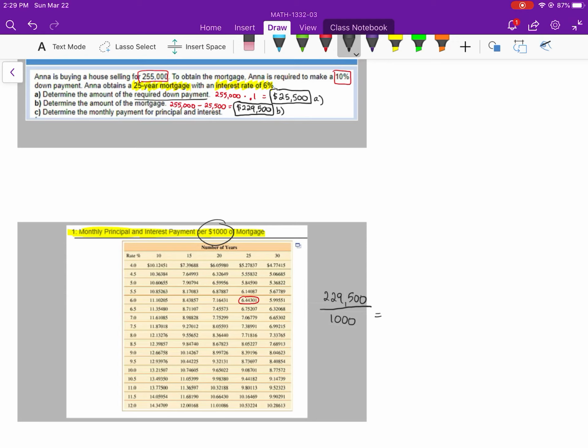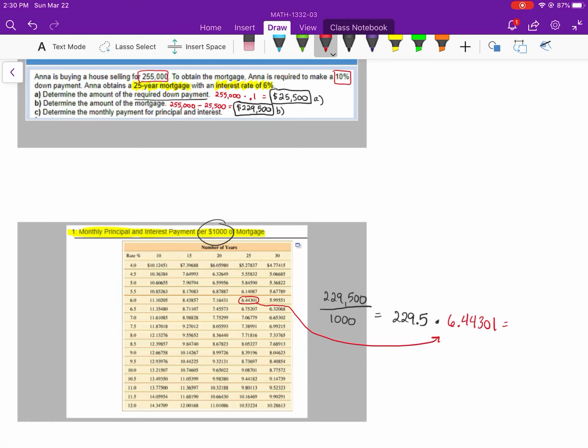Remember back in 10.4 we divided by 100 because our chart said per 100. All right, so that's 229.5. We're going to take this and multiply by that amount that I found right there, 6.44301.